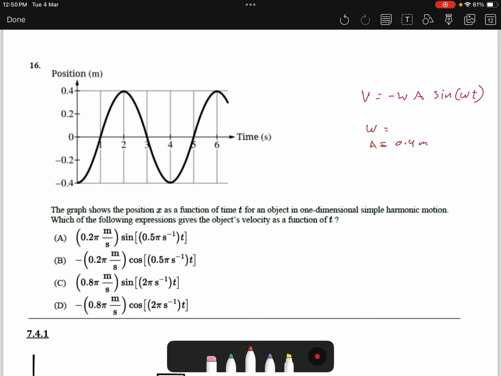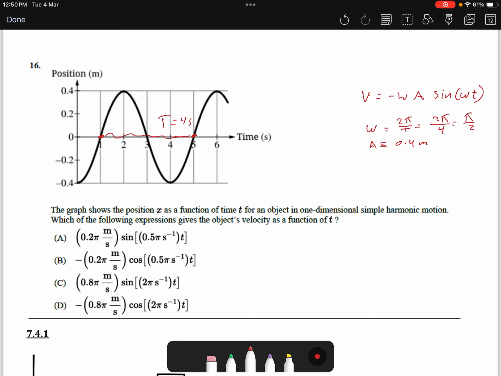Omega is 2 pi over period, 2 pi over T. Then 2 pi over, what is the period here? It's also 4, right? Yes. From this point to this point, those are 4 seconds. So 4. Okay, that means pi over 2.